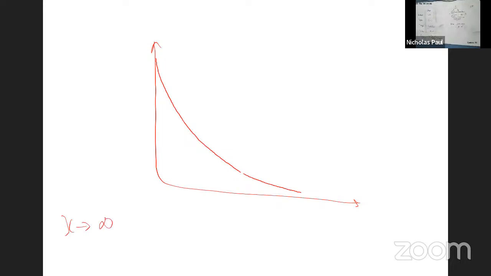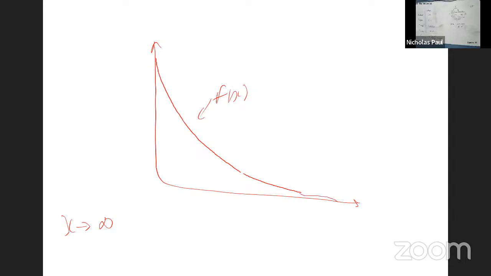Suppose I gave you a graph looking like this. This function will approach what value? Let's say x going all the way to the largest value. This function f of x, what value will it approach? It will hopefully touch the x-axis.